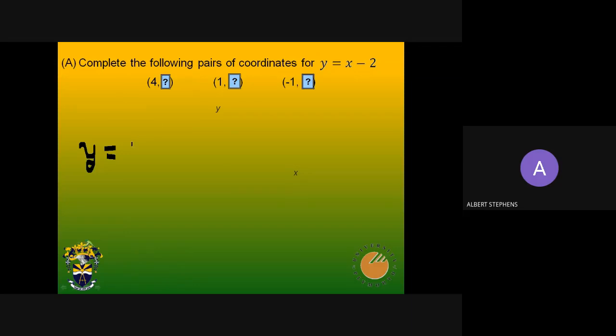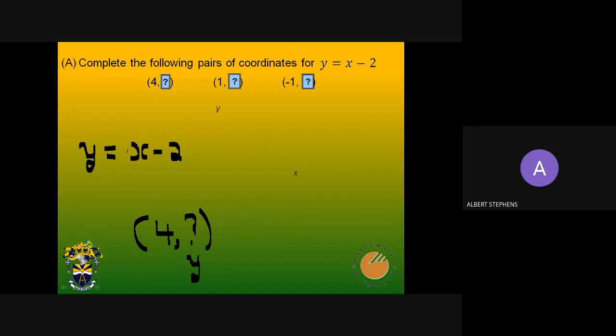So y is equal to x subtract 2. Now, if you look at the first point here, they tell you that one of the points is 4, something. Can you tell me which value is supposed to be at the question sign? Is it the x or is it the y? It would have been the y, true.